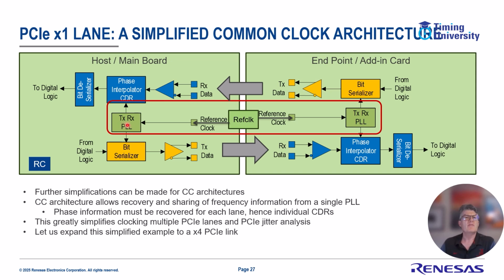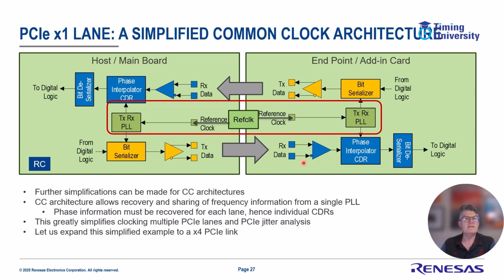Because remember, the frequency information here is common because it's coming from one place, the reference clock. So the frequency information over here will be the same as the frequency information over here. And all we have to do on the receiver then is deal with the phase of the data channel coming in and recover that phase to sample the data properly.